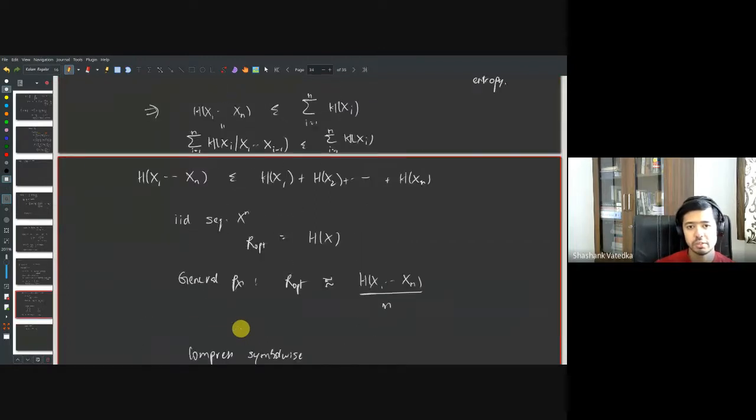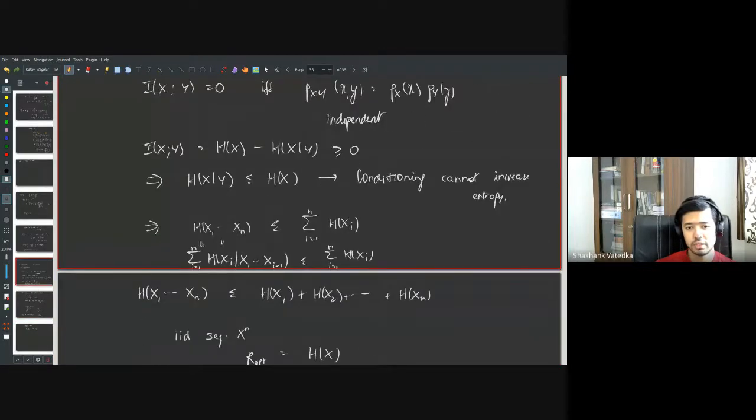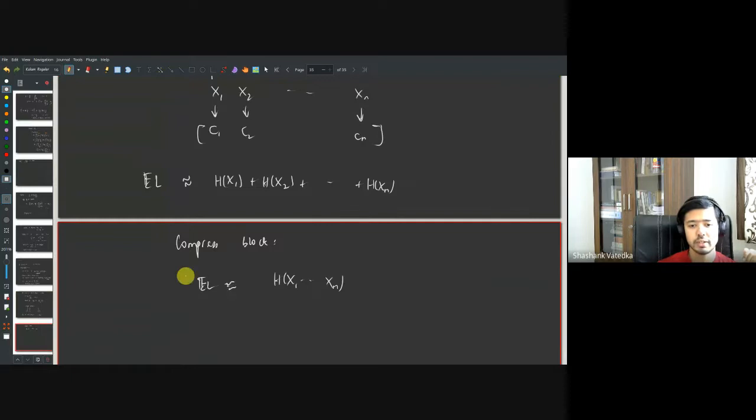And basically what this statement says, H of X1 through Xn is less than or equal to the summation over i of H of Xi, says that the expected length for blockwise compression is always going to be less than or equal to the expected length of symbol-wise compression. And the two will be equal only if the Xi's are all independent.